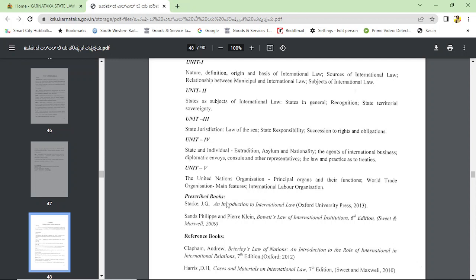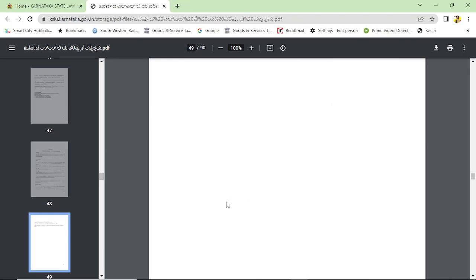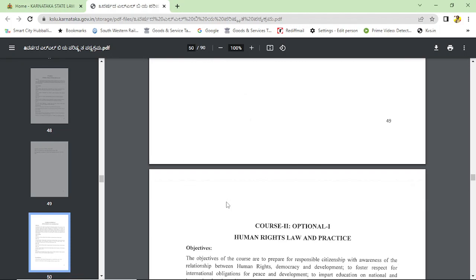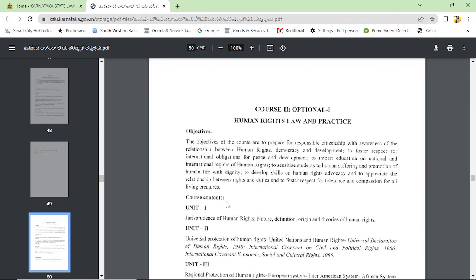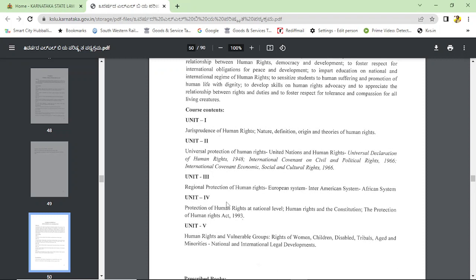Now, if we choose human rights over the other option, look at human rights, what content we have. Universal protection. If you look at this part, it is again international organizations. Human rights in European, American, again international.